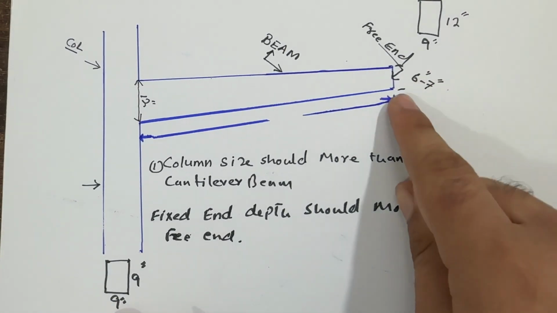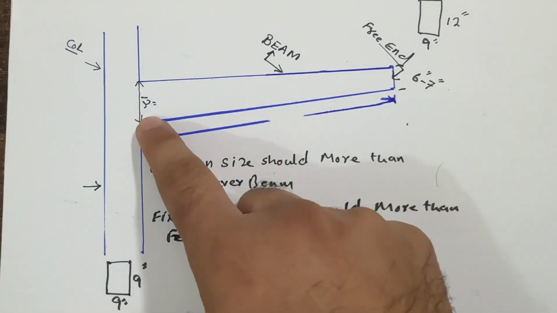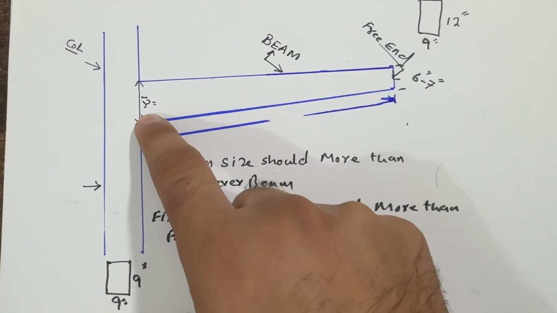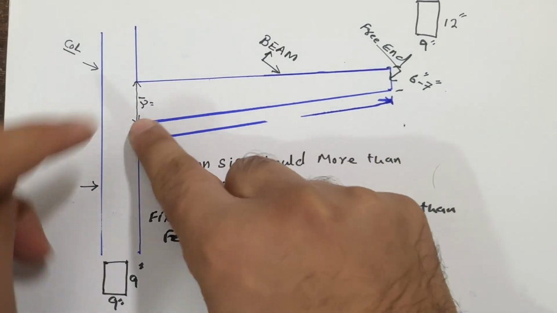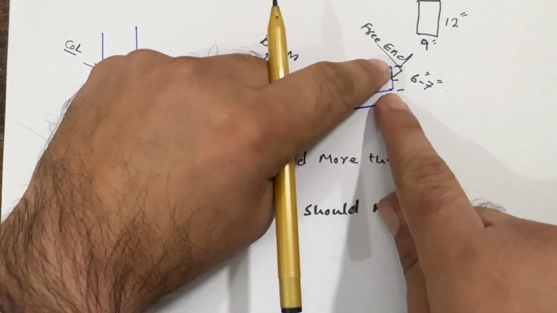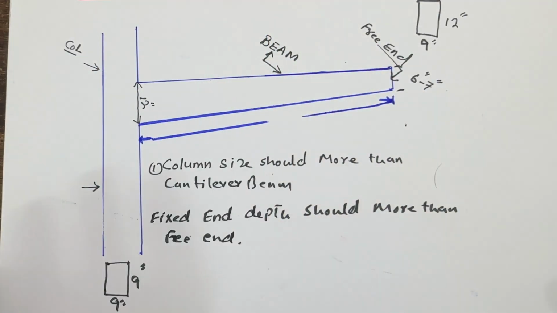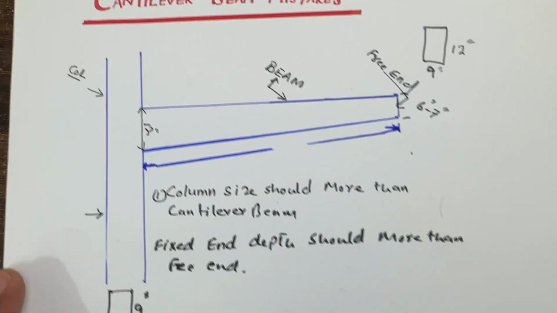As I discussed, 6 to 7 inches here, so here you can say 12 inches. If this is 18 inches, keep this 18 inches and keep this about 9 to 12 inches. Like this, you can do by your analysis.